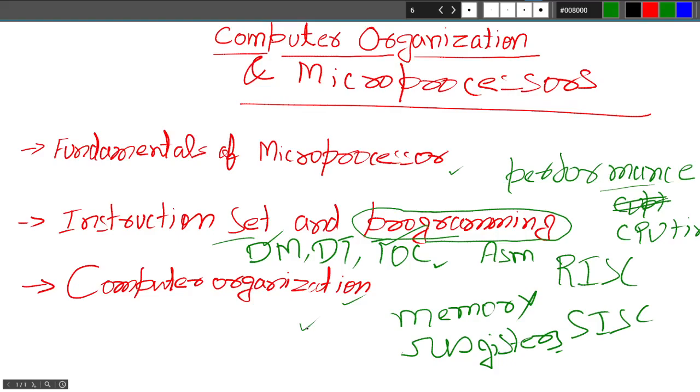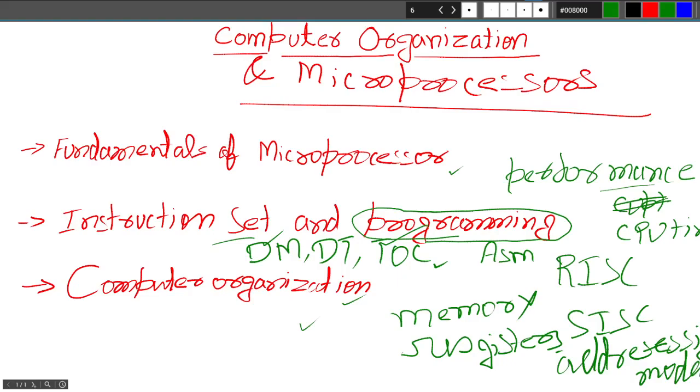You will also learn about the addressing modes. Addressing modes may be direct, indirect, and so on. Different kinds of such things you will learn.